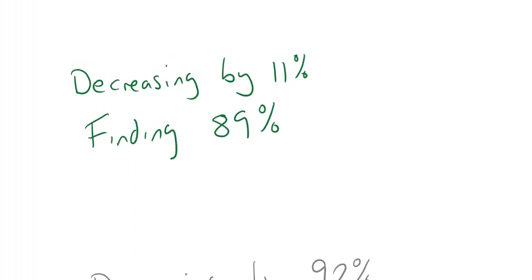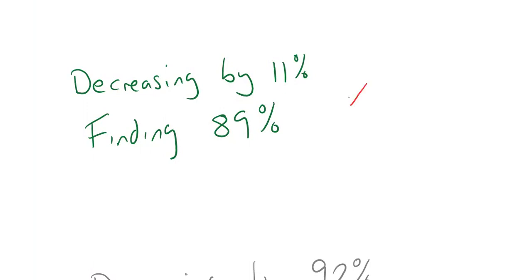Think about this one. If I am decreasing by 11%, then what I'm really doing is I'm finding 89% of the original. And look, these numbers are not the same anymore. The pattern has disappeared, but this is the truth. Because if I am taking away 11% from my original 100%, then I'm left with 89%, because 100 take away 11 is 89.